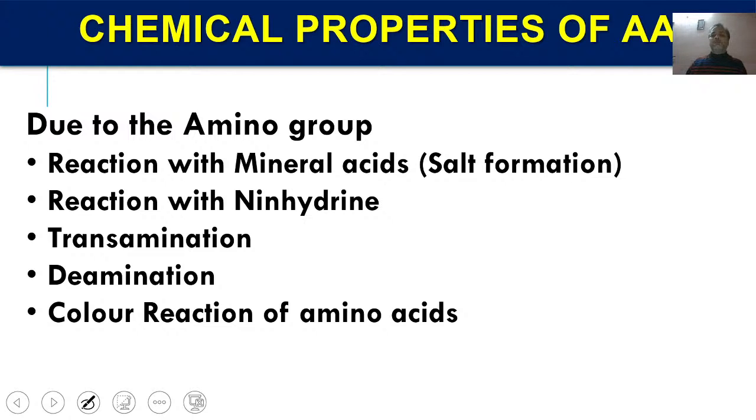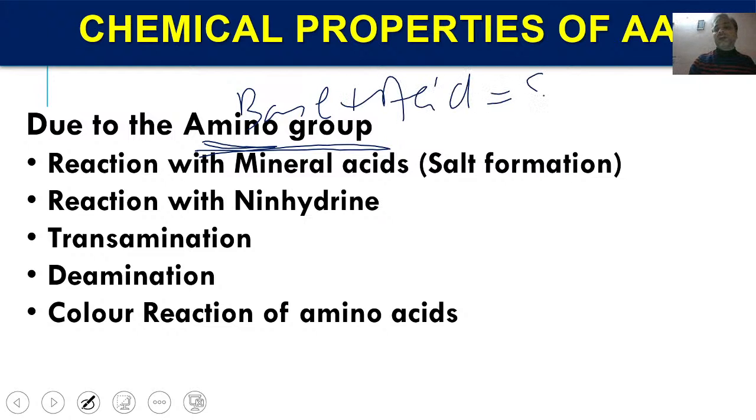Then some of the properties of amino acids are due to their acid and amino groups. Like the amino group is a basic group. This basic group reacts with acids and gives you salt. Whenever acid reacts with base, it will give you salt. There we have seen the COOH group reacts with base and gives you salt. Here we have base reacting with acid, giving you salt.